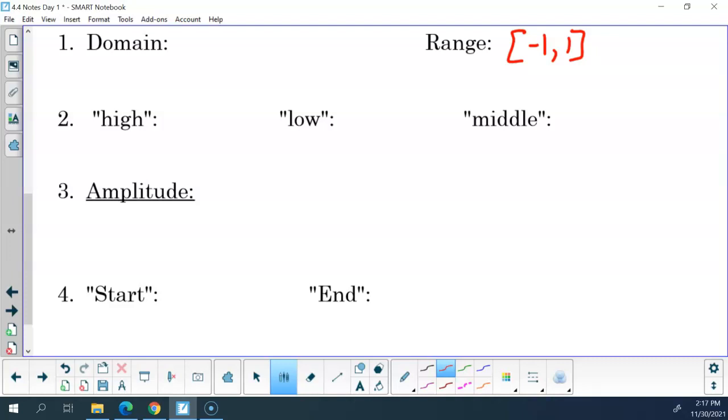Great, domain is all real numbers. Love it. Working our way up still. Anybody in this general area? Any of them that we have left? High is 1. Love it. Low. Middle. 0. Amplitude. 1. Love it. Start. 0. End. 2 pi. Period. 2 pi. Love it.